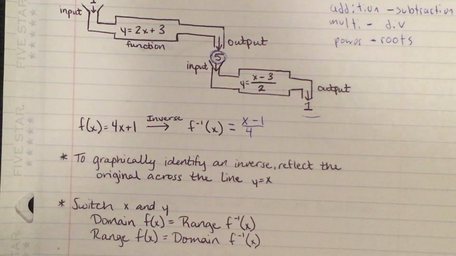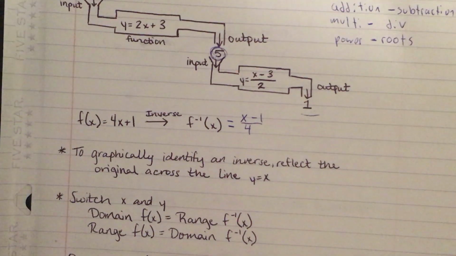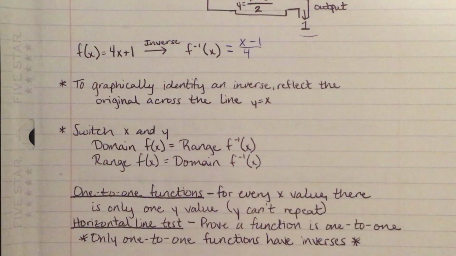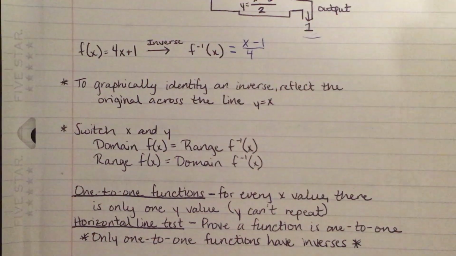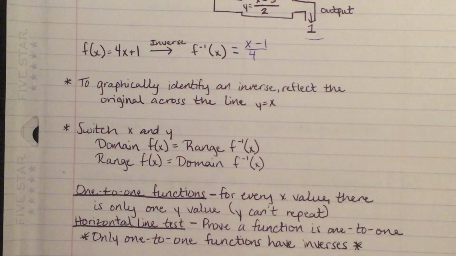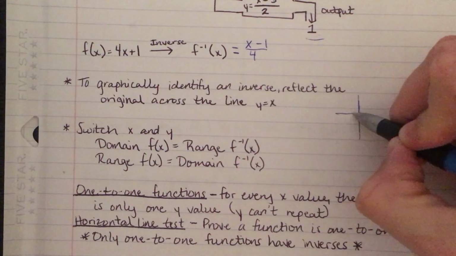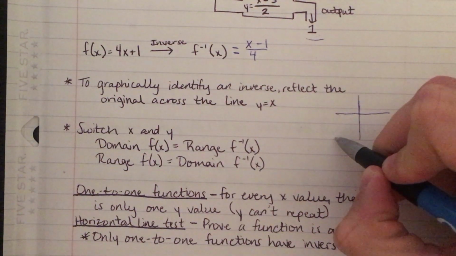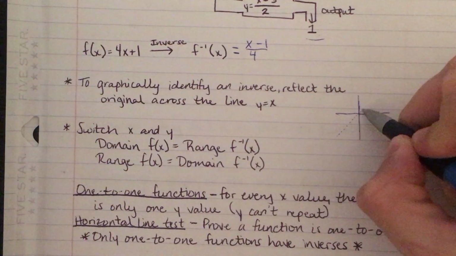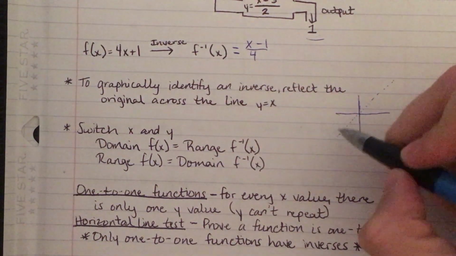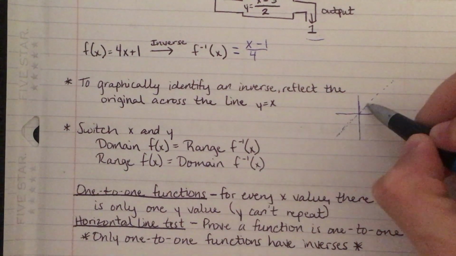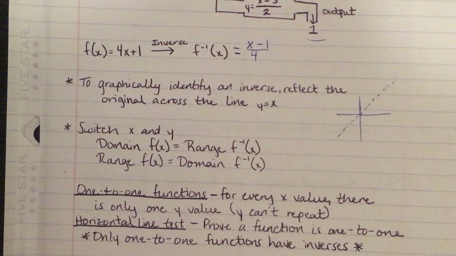Graphically, to identify what an inverse is, you're going to reflect across the line y equals x. As a reminder, the line y equals x is just a line with a slope of 1 that passes through the origin. So it's this line right here that we're reflecting over.